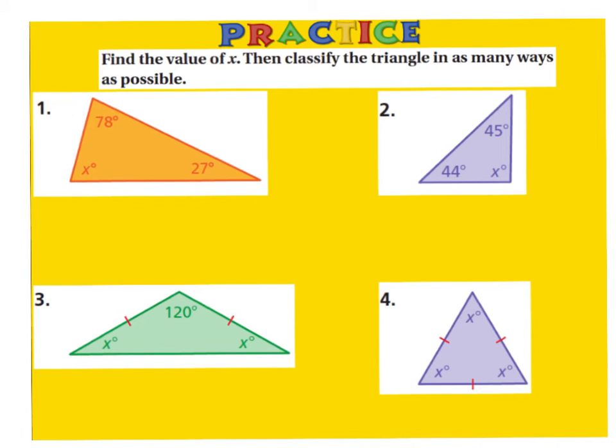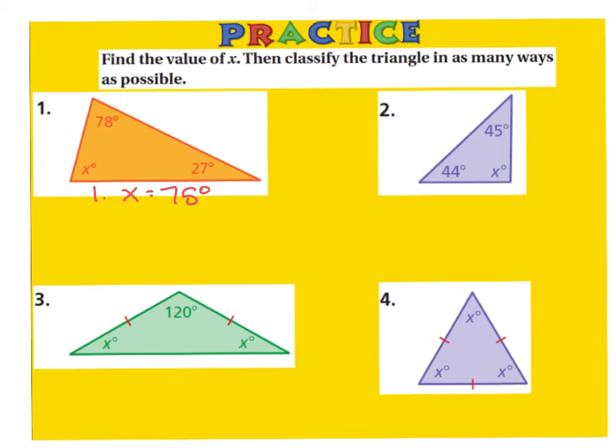So pause the video and do it again. Find the value of x and then classify it as many ways as you can. So number 1, x would equal, if we do 180 and we add 27 and 78 together, we get 105, and subtract that from 180, we get 75 degrees.